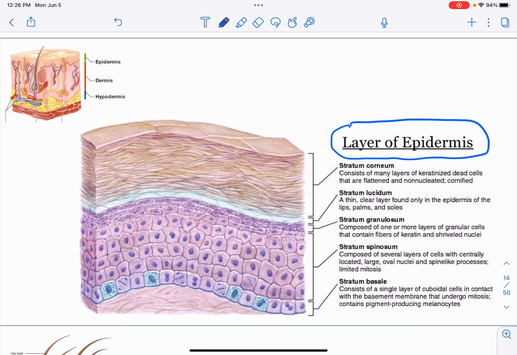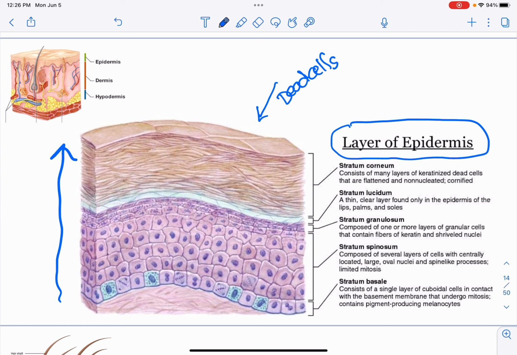Cells are going to go through a transformation in their form, anatomy, and function as they move up toward the top. They are going to die and shed, so all the cells here at the top are dead cells.